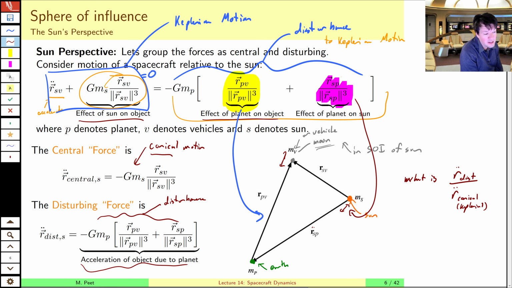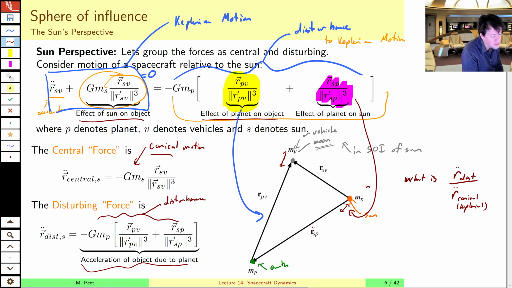It's minor, but of course, if we're talking about other two-body problems like, say, Earth and Moon, so if this was a moon and this was the Earth, and we were trying to figure out whose sphere of influence we were in, then obviously the Earth does have a significant contribution to the motion of the moon. So just FYI. But anyway, this is the effect of the Earth on this vector here.